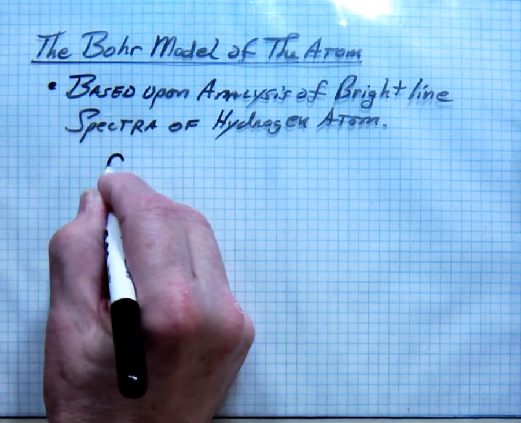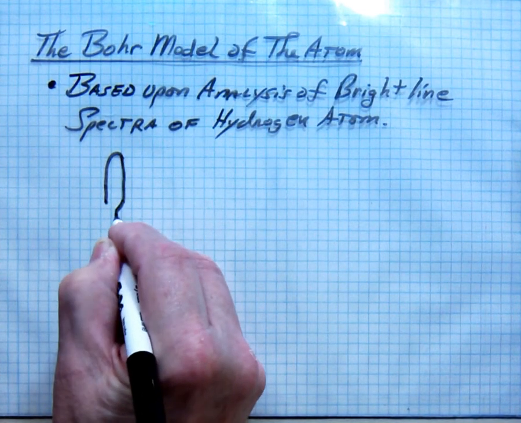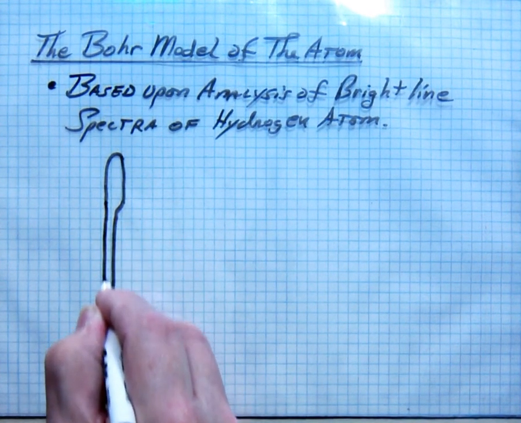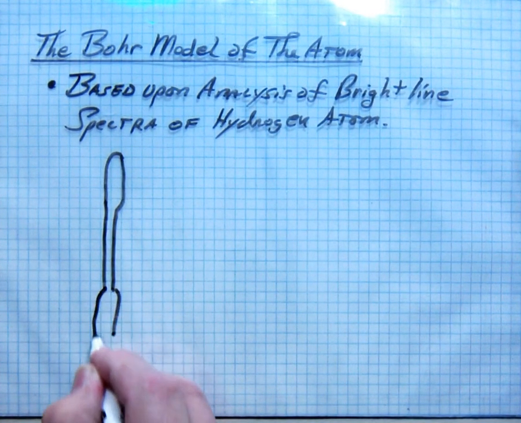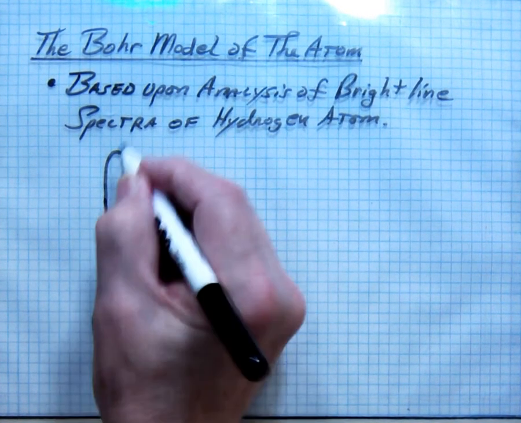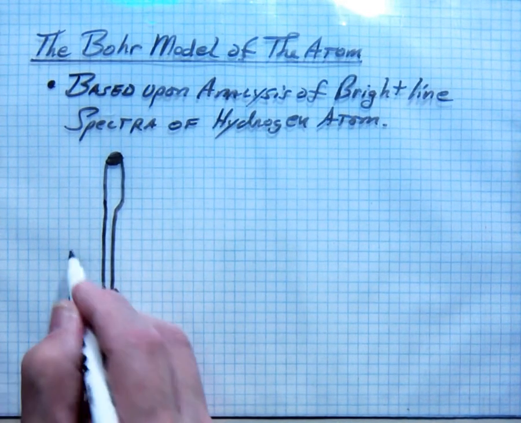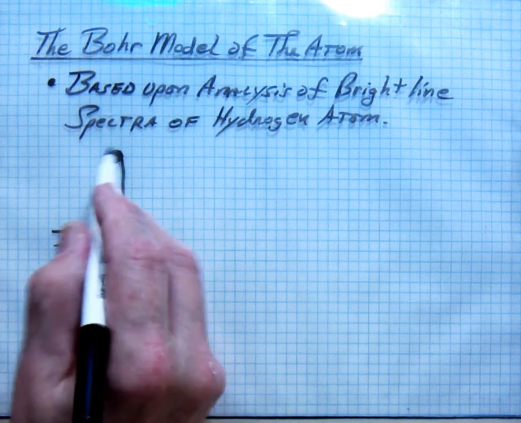So let's just draw a simple discharge tube like this. It's what we were working with. And this was, of course, attached to a transformer or a very powerful battery.